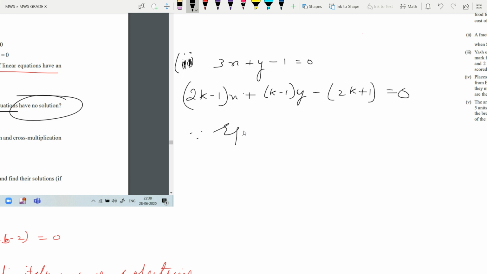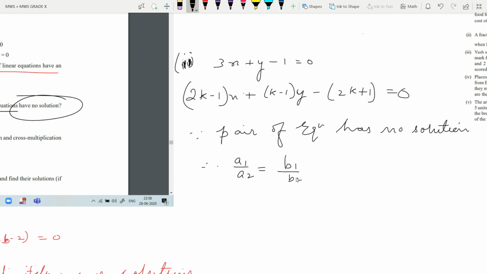Okay, so since the pair of equations has no solution, therefore a1 upon a2 is equal to b1 upon b2 is not equal to c1 upon c2.